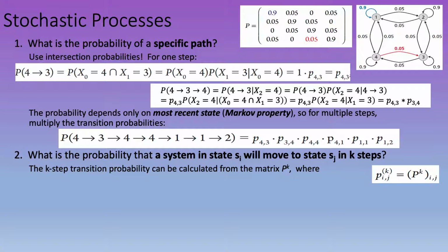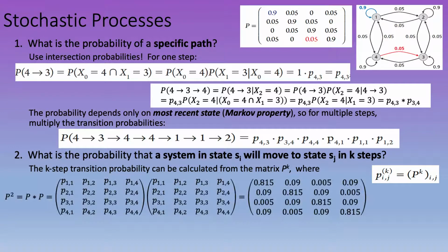So if I'm going to figure out what this other probability is, we're going to have this k-step transition probability, and we're going to calculate that from a matrix that we're going to call P of k. So in this case, if I have P of 2, and this is the system that I have, what's the probability that I'm going to go to the next step given this matrix of transition probabilities?